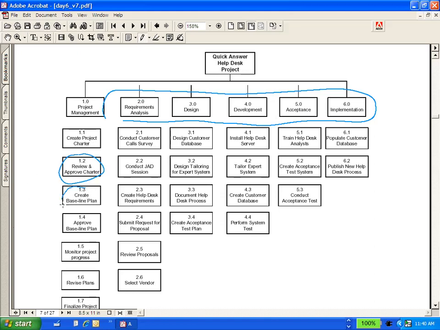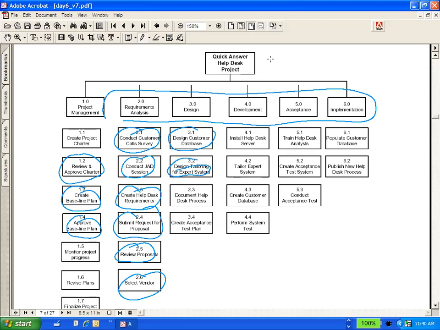We have to create a base plan, approve the base plan, conduct customer calls survey, conduct JAD session, create requirements for help desk, submit RFPs, review proposals, select vendor. In the design, you design the customer database. You design tailoring for the expert system.